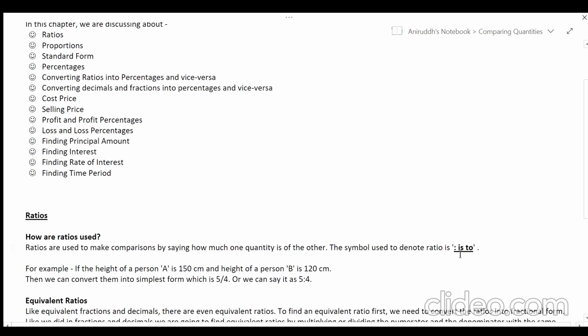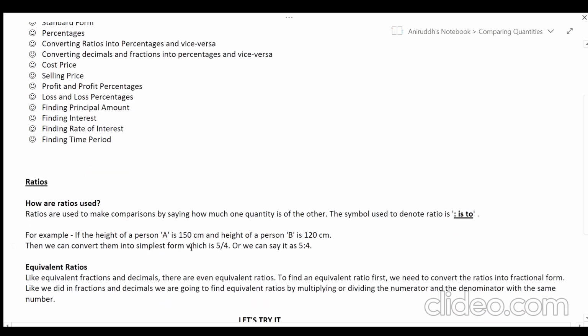This colon is the symbol for ratio. For example, if the height of person A is 150 centimeters and the height of person B is 120 centimeters, then we can convert them into the simplest form, which is 5 by 4. In ratio, we say it as 5:4.